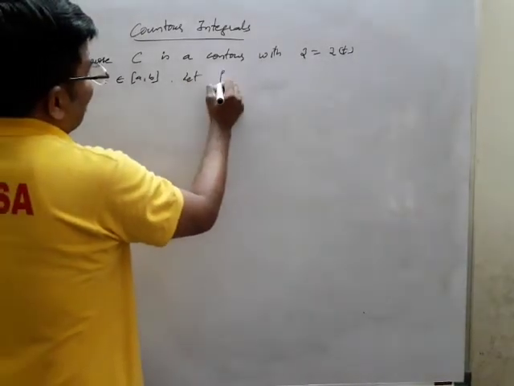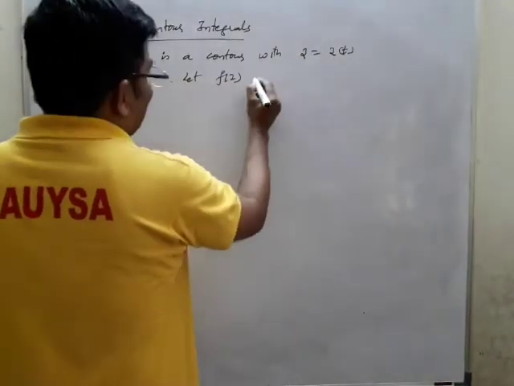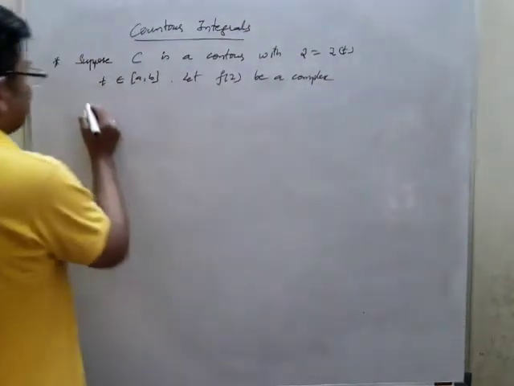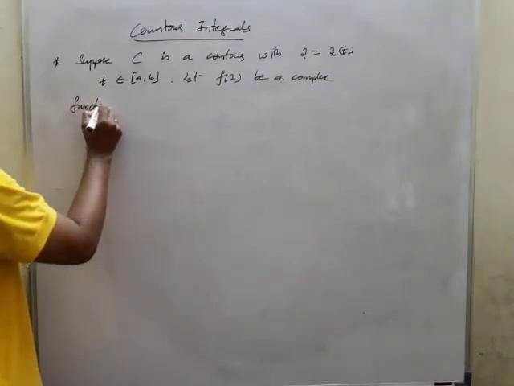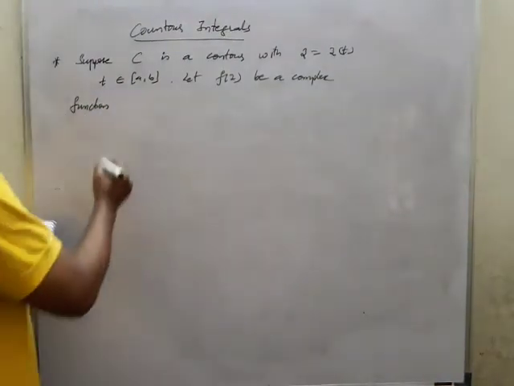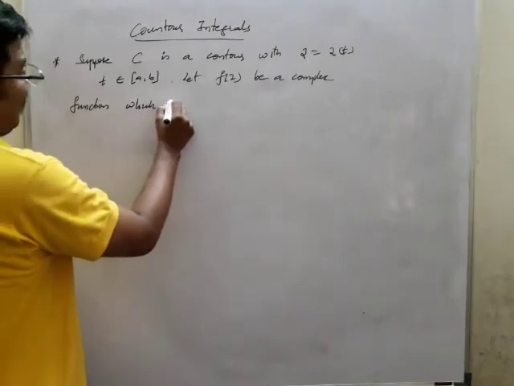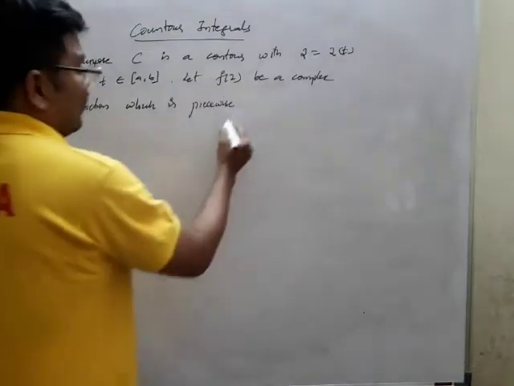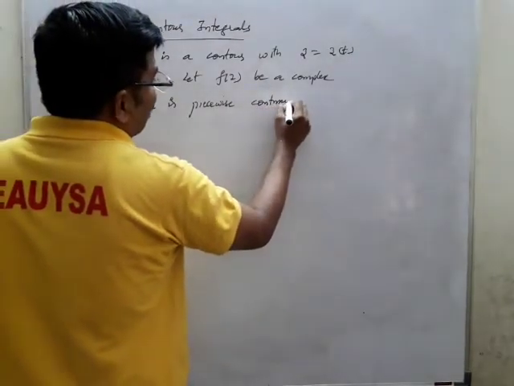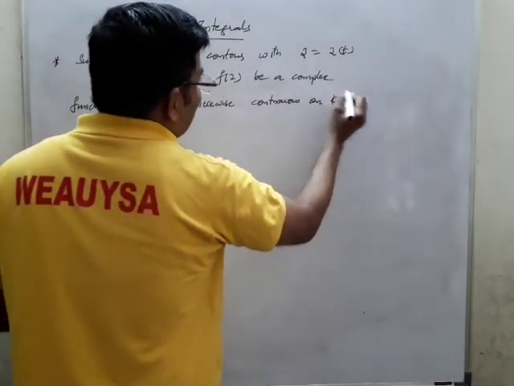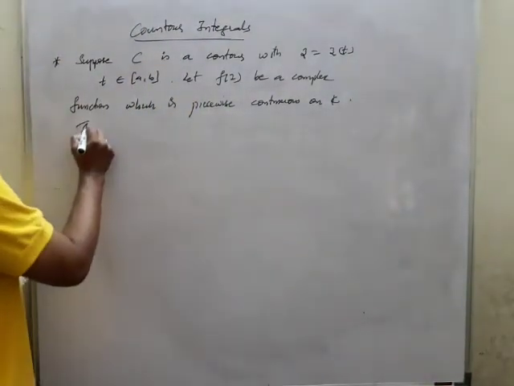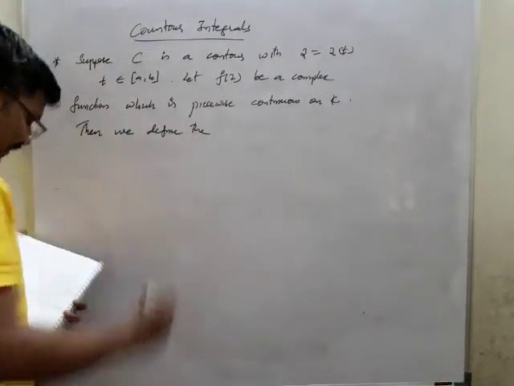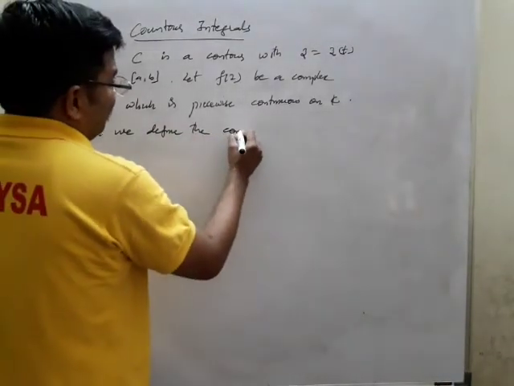Let f of z be a complex function which is piecewise continuous on C. Then we define the contour integral.